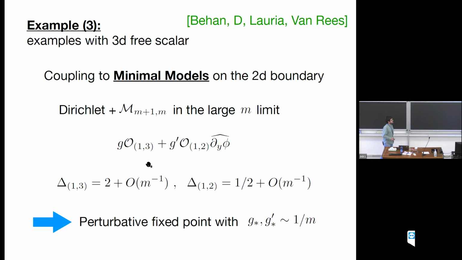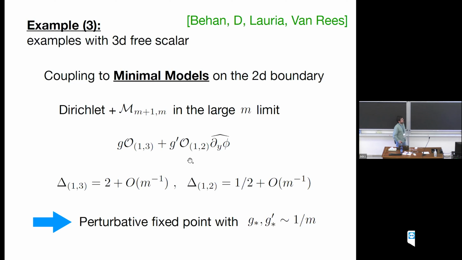It turns out that you can solve this in the large m limit, in which the central charge is approaching 1. The dimension of this O12 operator approaches 1/2 with 1/m corrections, and the dimension of the energy operator approaches 2.